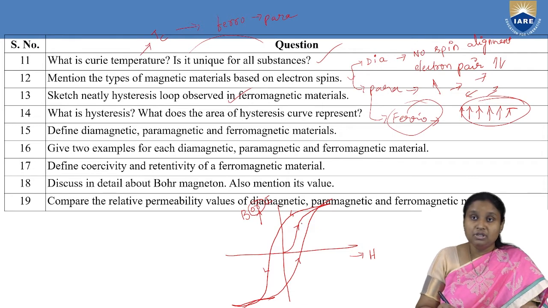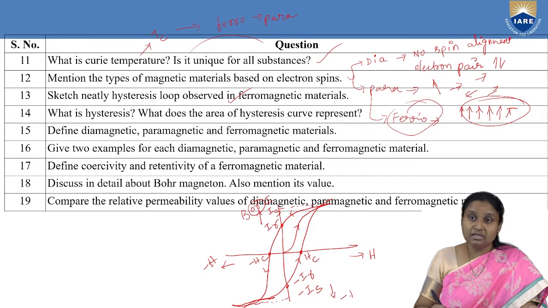And coming to the different terms in this hysteresis loop, this one is taken as IS, this is IR, this is HC, this one is minus HC, this is minus IR, and this one is minus IS. Here we are applying a magnetic field in the opposite direction, and here we have negative magnetization.